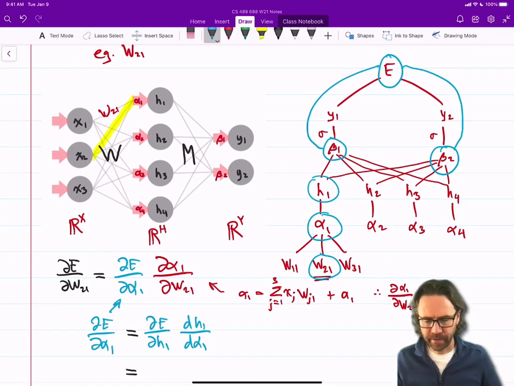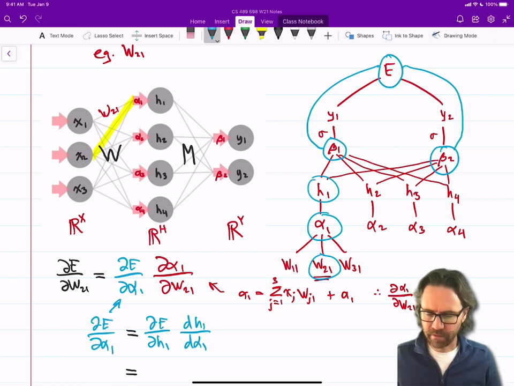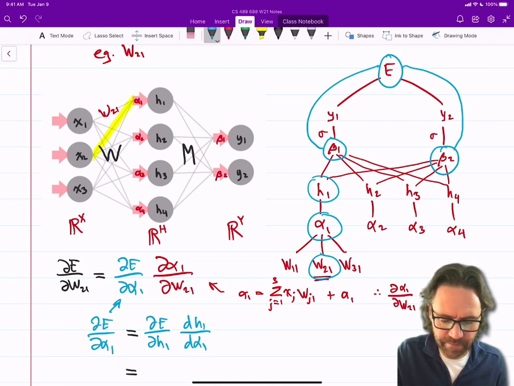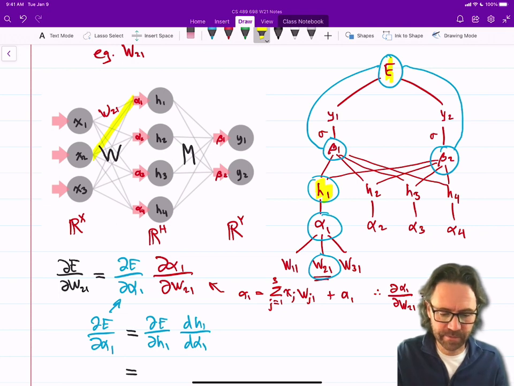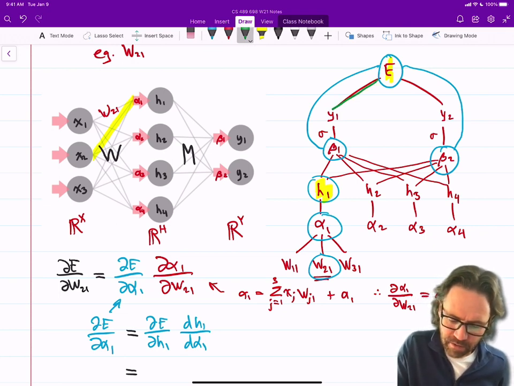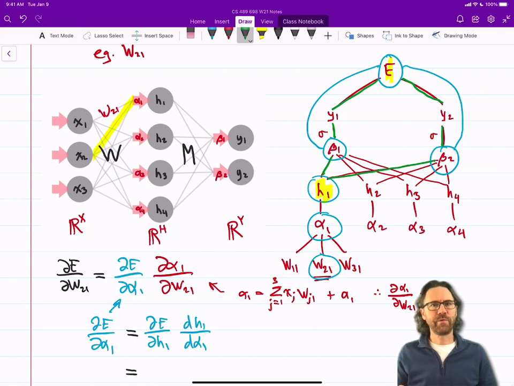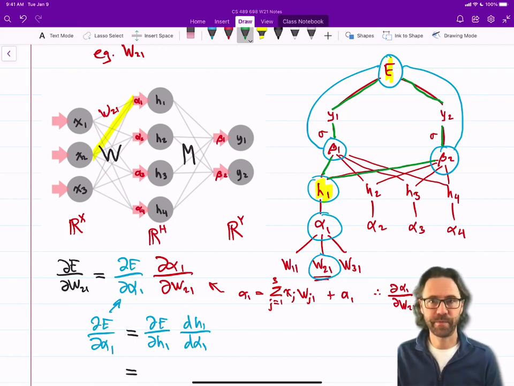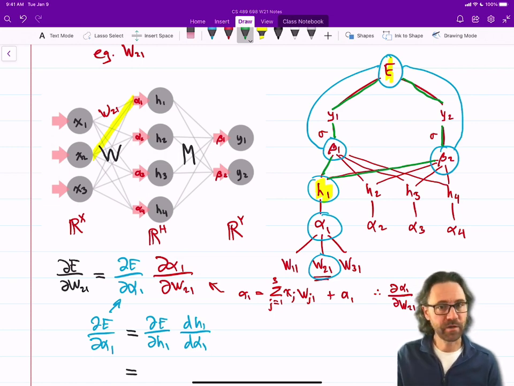It's not that tricky really, but going from E down to H, I just gestured with the cursor, which I'm sure you can see, there are actually 2 paths. There's this path through beta 1, and then there's this path through beta 2. So we add up both of those, and the derivative of E with respect to H1 will be the sum of the 2 different paths.